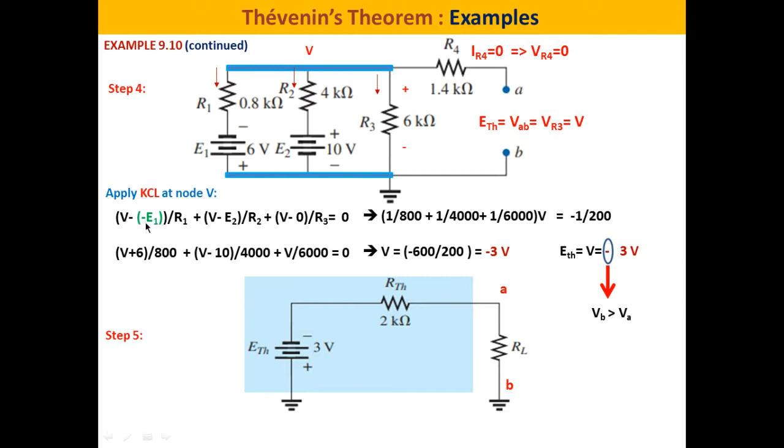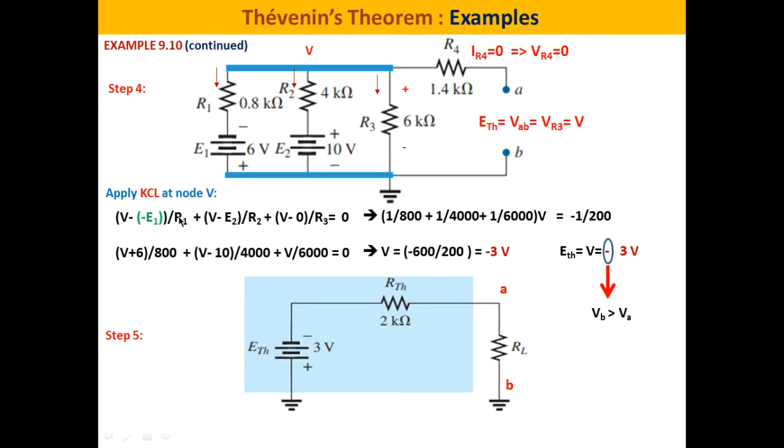So it is V minus E1 divided by R1, plus V minus E2 divided by R2, plus V minus 0 divided by R3, equals 0. We replace these by the values, and we will get this equation.